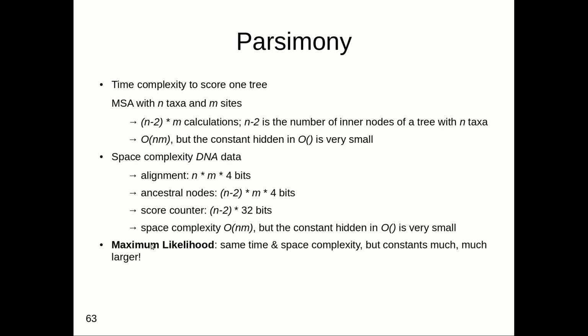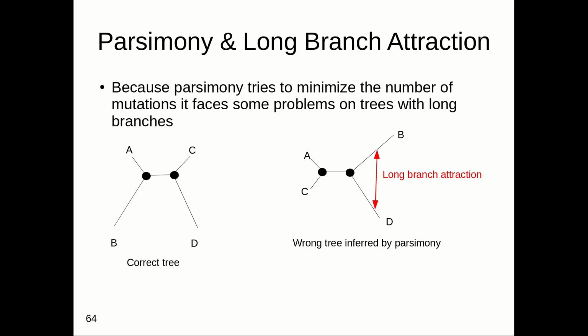So why am I doing this? Well, I want to talk a little bit about maximum likelihood. Maximum likelihood has the same time and space complexity, but the constants are much, much, much larger. And this is something you know, of course, because doing a maximum likelihood analysis does take so much more time than doing a parsimony analysis.